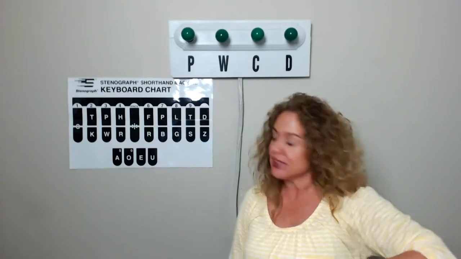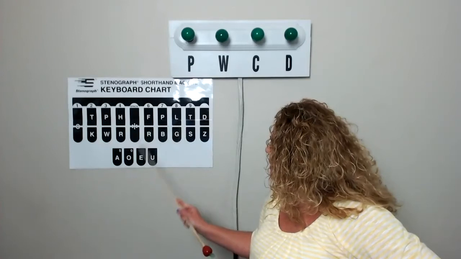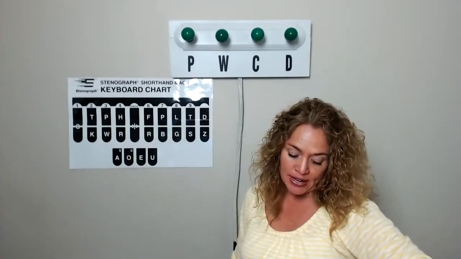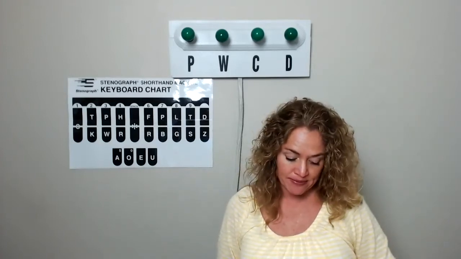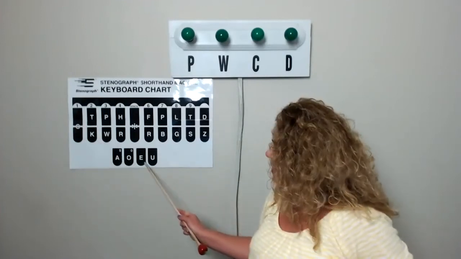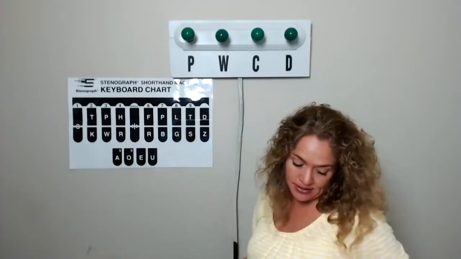Zealot, initial Z, A-E-L, come back for OT. Zebra, initial Z, long EB, come back for RA. Zenith, initial Z, long E, come back for NIGT.